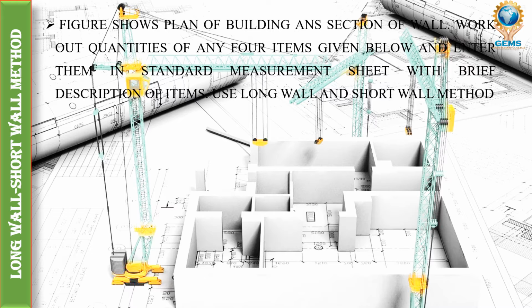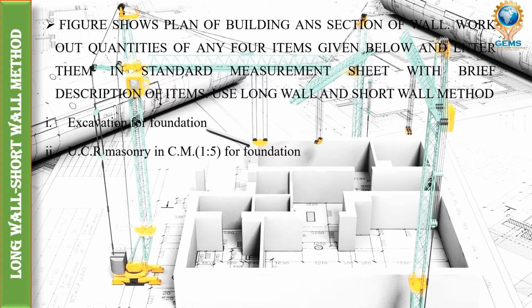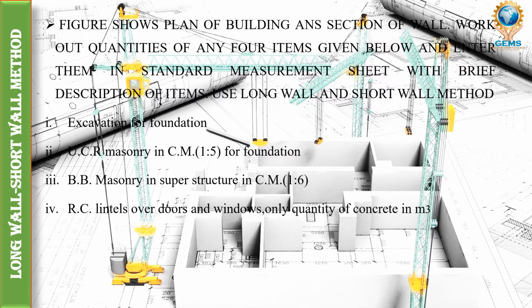So this is a little big problem. It will have many things we need to find. First, the excavation for foundation. Second, the UCR masonry, which we have seen. The third one is BB masonry in superstructure.